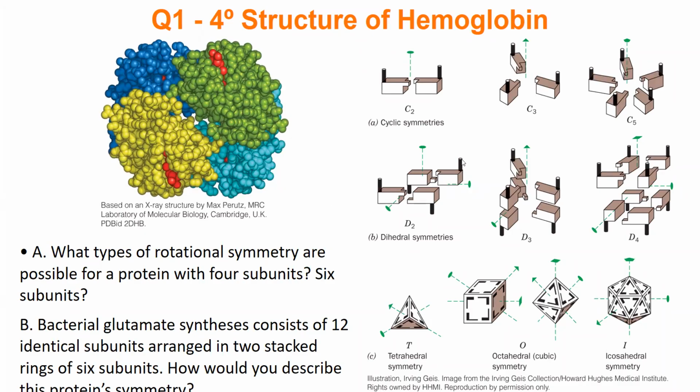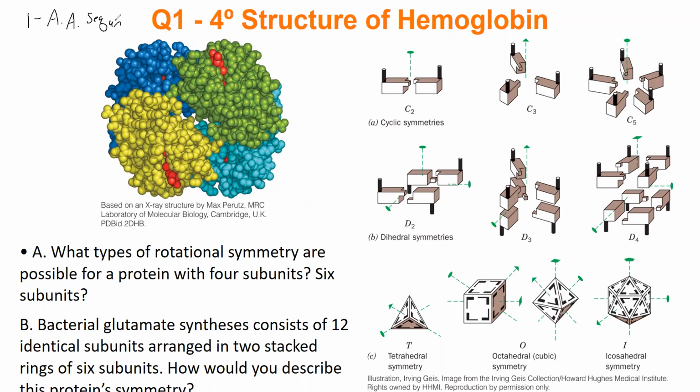All right. So what we're briefly going to talk about today is our last level of structure, which is quaternary structure. So I'm just going to run down the different levels of structure again. Primary is the amino acid sequence.